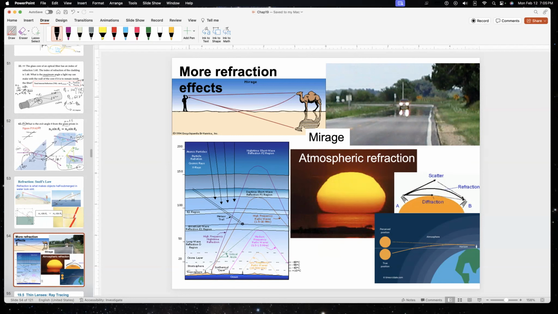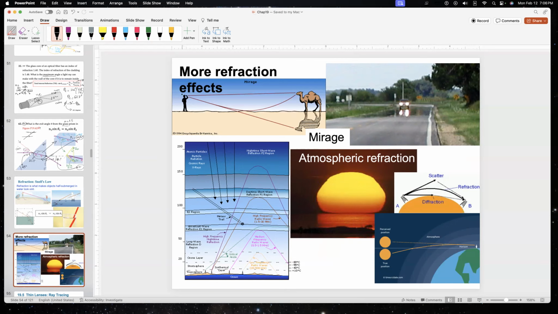As the temperature is increasing as you're getting closer to the ground, it's as if you're changing the medium all the time. And the rays of light, therefore, keep bending. They practically curve to get from the object to you.